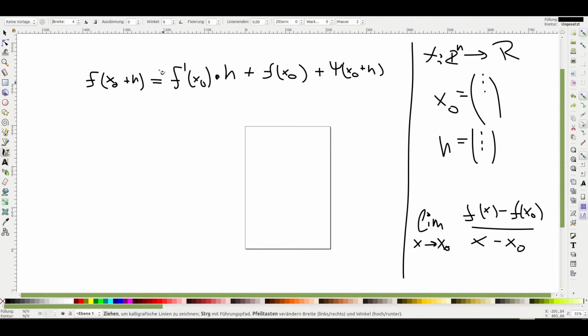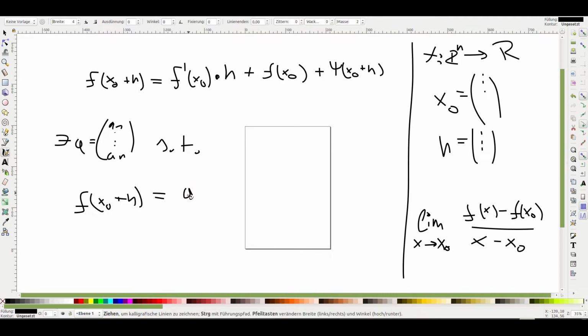We just replace this part, and that means a function f is totally differentiable if there exists an A, and A is an n-dimensional vector, A1 until An, such that this whole expression looks the following way: f of x0 plus h is equal to the scalar product between A and h plus f of x0 plus psi of x0 plus h.